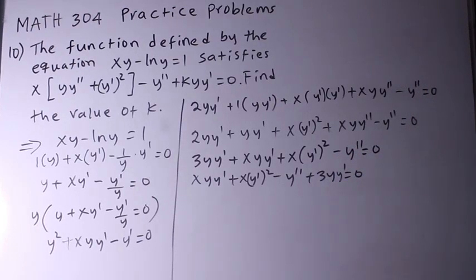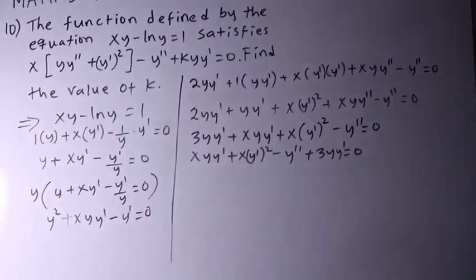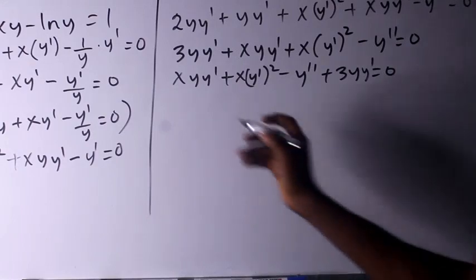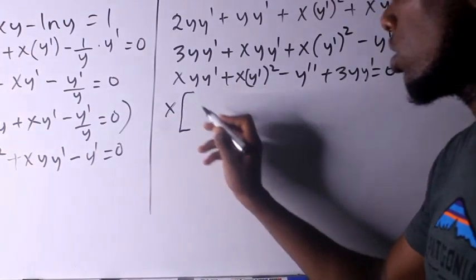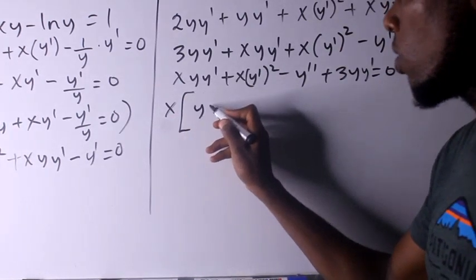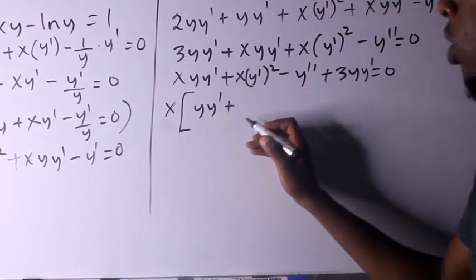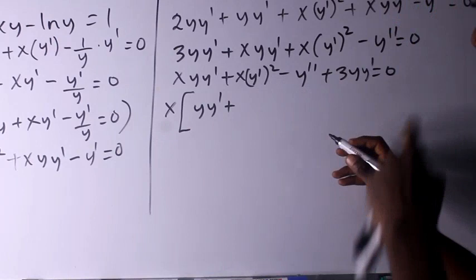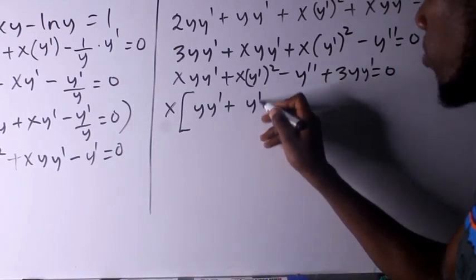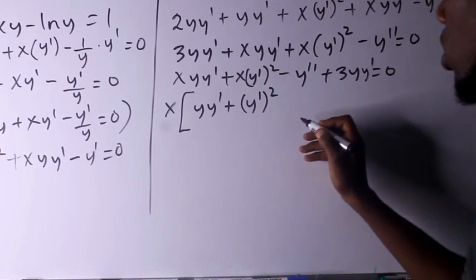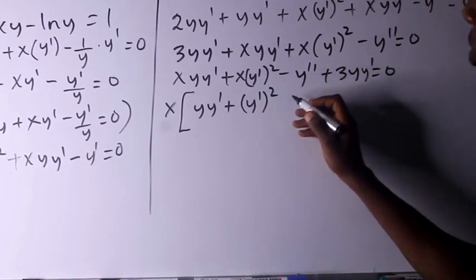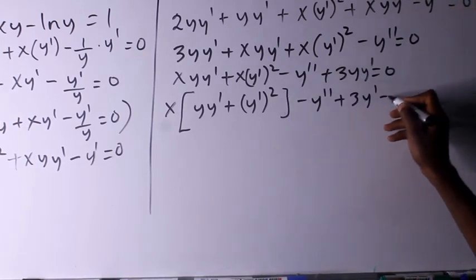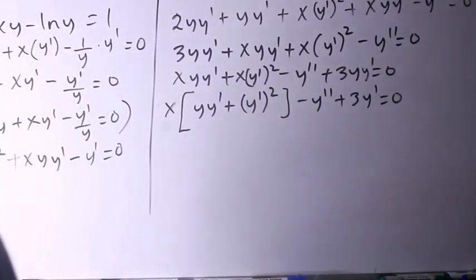I can factor out an x in the first two terms there. And what do you think I'm going to actually have? If I factor out an x, I'm going to have x bracket open, y y prime prime plus y prime all square, and then minus y prime prime plus 3y prime equal to 0.